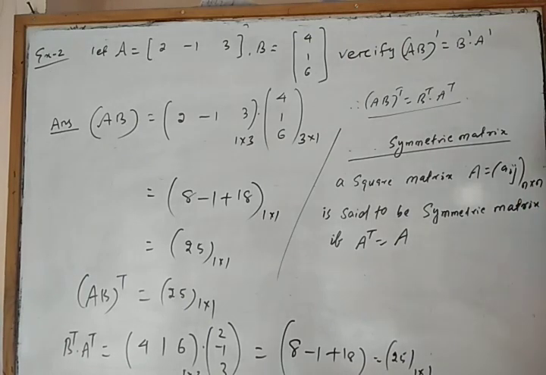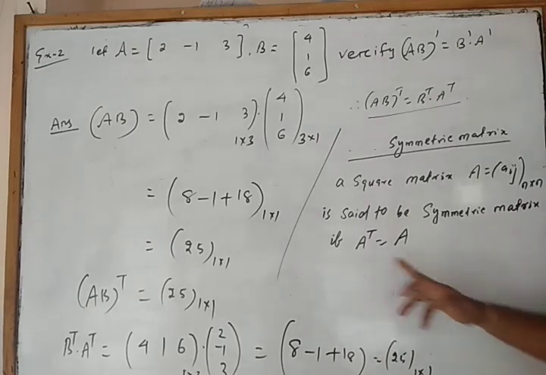A square matrix capital A is said to be symmetric matrix if A transpose equal to A.